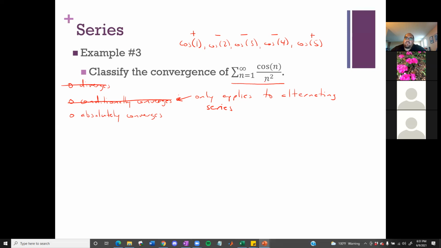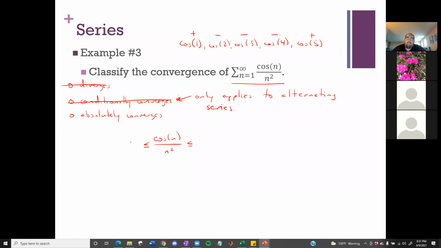How do I know that this series converges? The squeeze theorem. So if we're going to use the squeeze theorem, we need to know what's our sequence that's always larger, and what's our sequence that's always smaller?